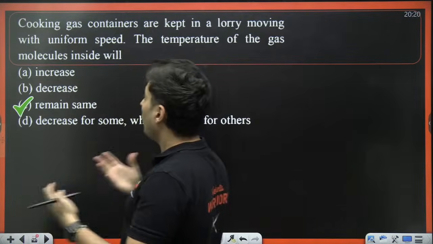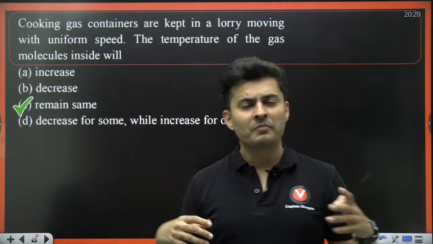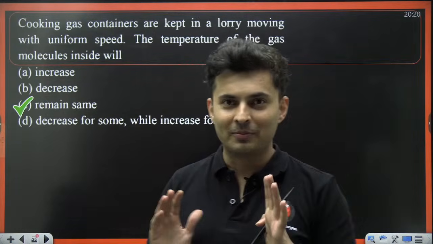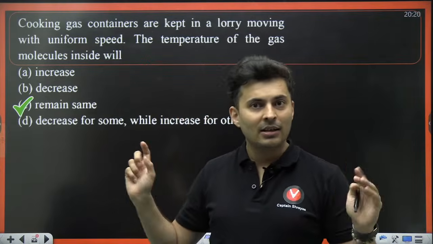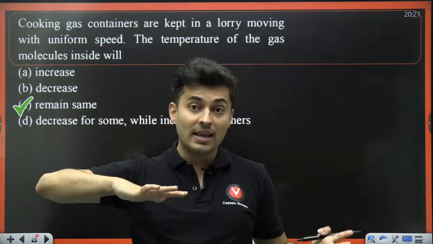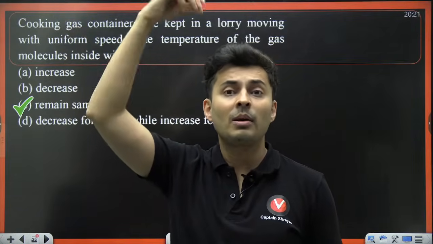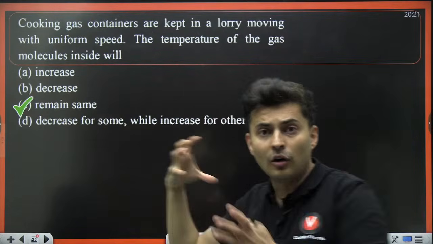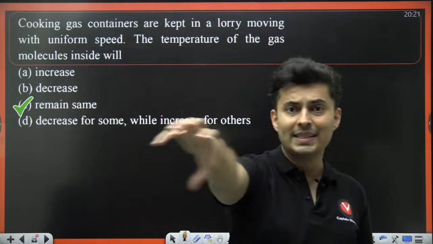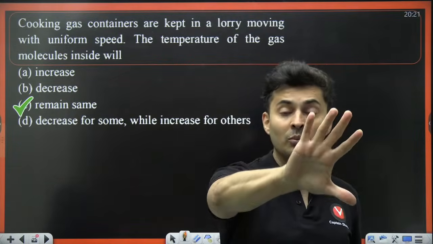Many people think, oh sir, the speed will increase. Okay, now tell me one thing. Right now you are in this room. There is some temperature. Why? Because the molecules have kinetic energy. Now let's say you observe the same room from outer space, maybe from the sun. Then you will see the earth moving with a good amount of speed revolving around the sun, the room also moving with more speed.